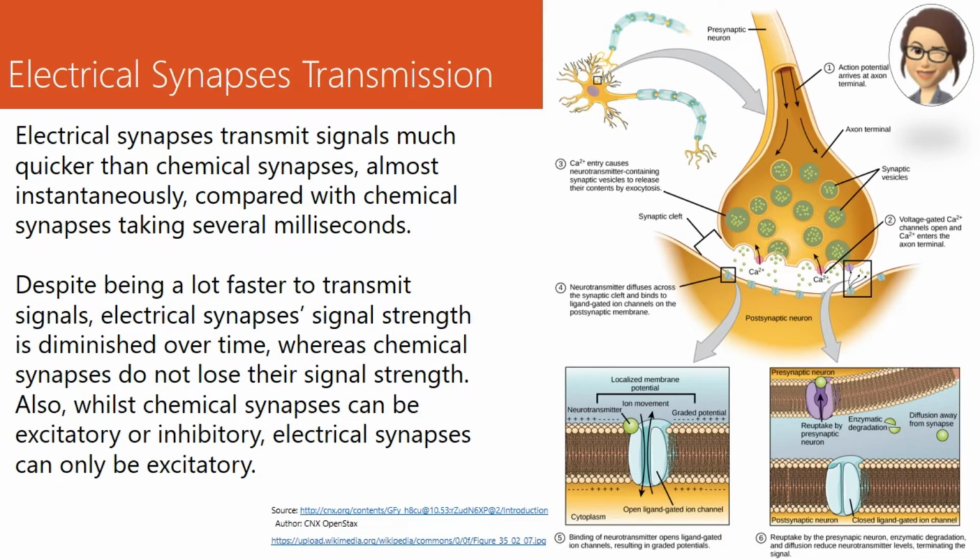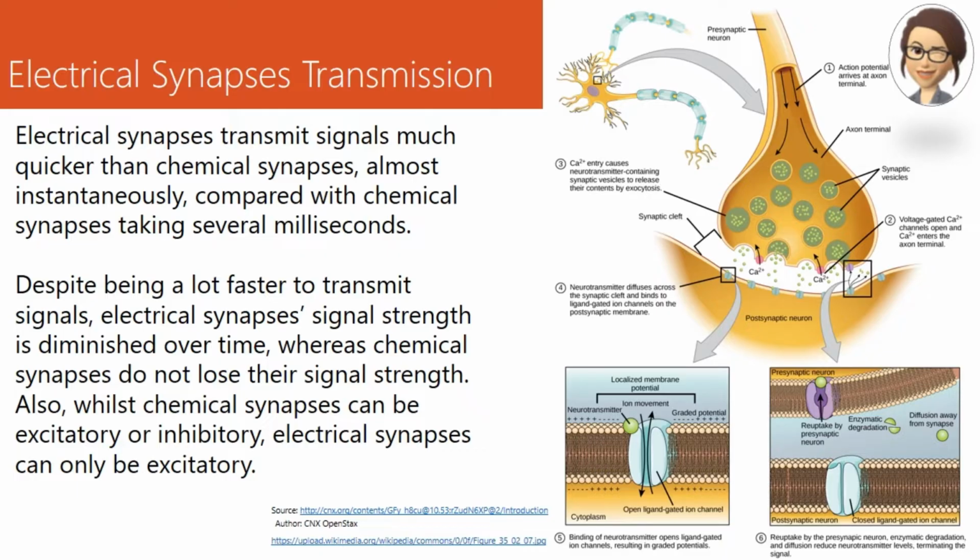Electrical synapses are different from chemical synapses, as there is a direct physical connection between the presynaptic and the postsynaptic neuron. This connection takes the form of something called a gap junction, which is essentially a channel that allows ions to flow directly from the presynaptic cell to the postsynaptic cell.